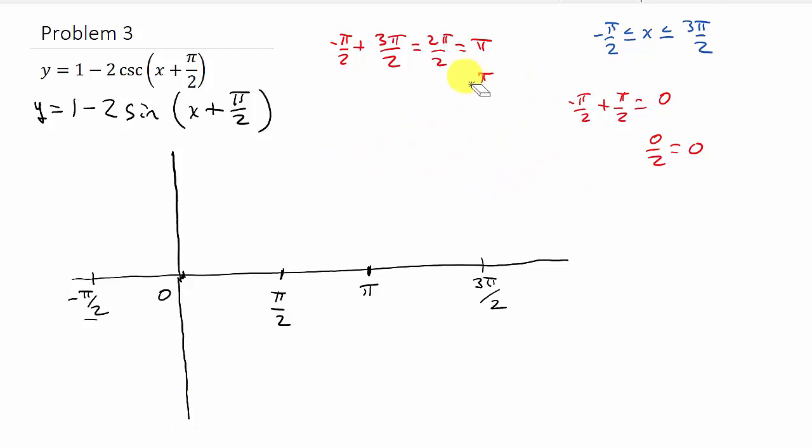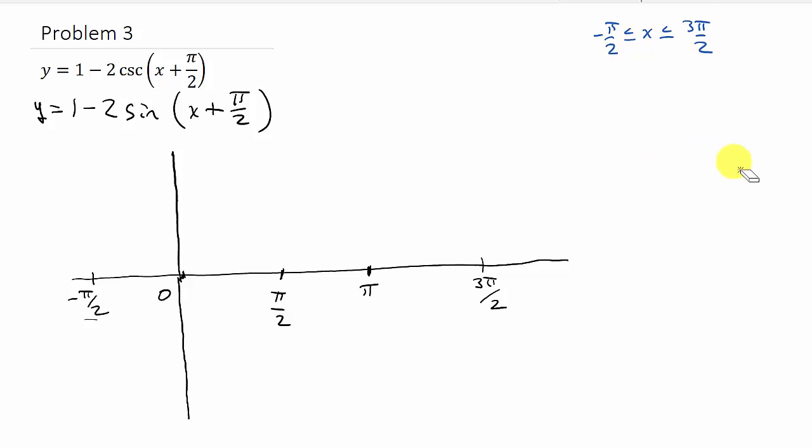Alright, now if you notice in this problem, the amplitude is 2, so I know my maximum and minimum values are 2 and negative 2.